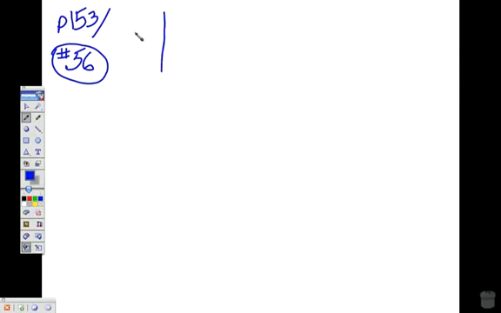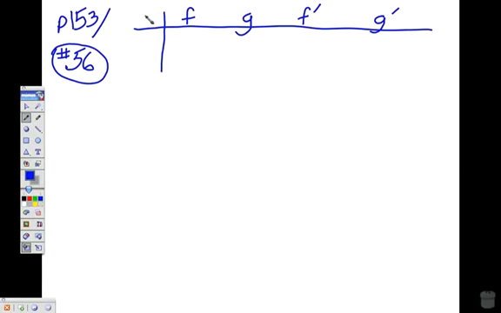So we've got f and we've got g and we've got f prime and we've got g prime. And we're talking about x equals 2. And we're also talking about x equals 3.